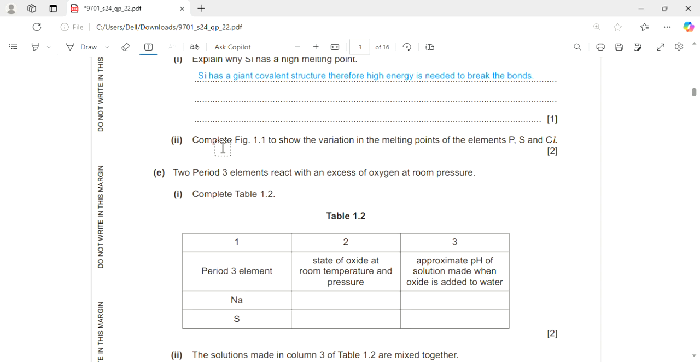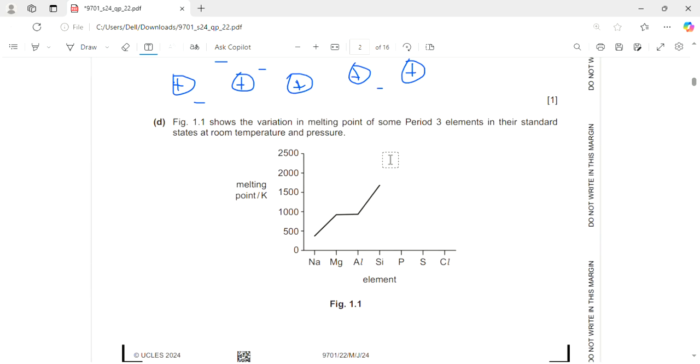So the next part is asking to complete figure 1.1 to show the variation in the melting point from phosphorus to chlorine. We have already seen that silicon has a high melting point, but from phosphorus onward, because phosphorus is simple molecular with weak van der Waals forces, the melting point will decrease.